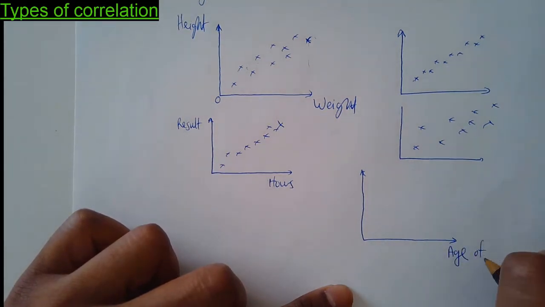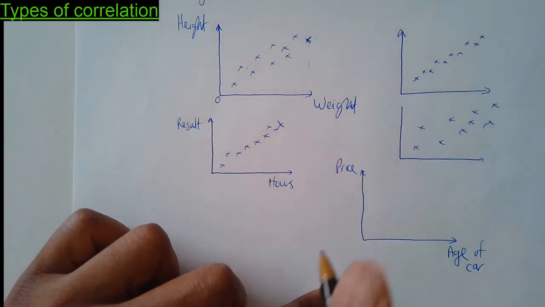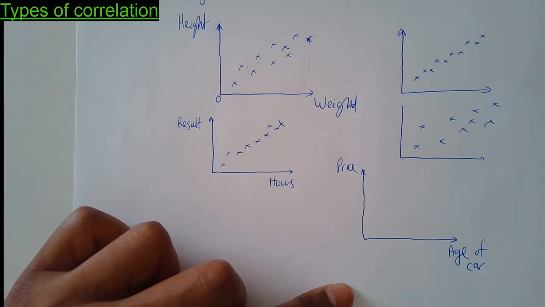So age of car, price. So we're looking at one particular type of car, right? Not several different cars. One particular type of car owned by 10 different people.